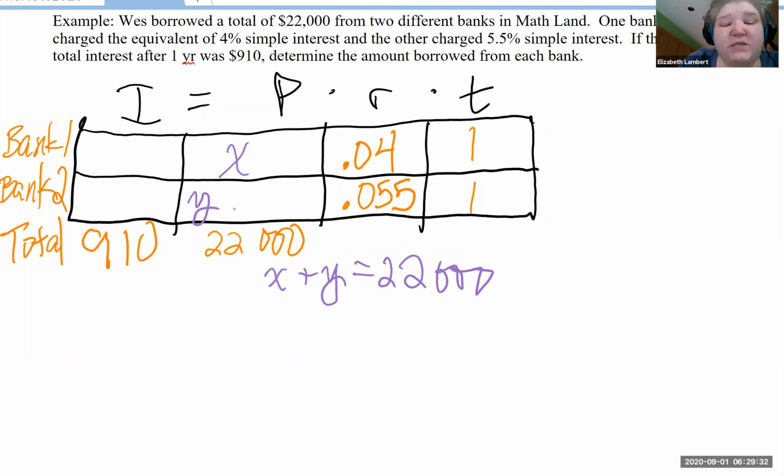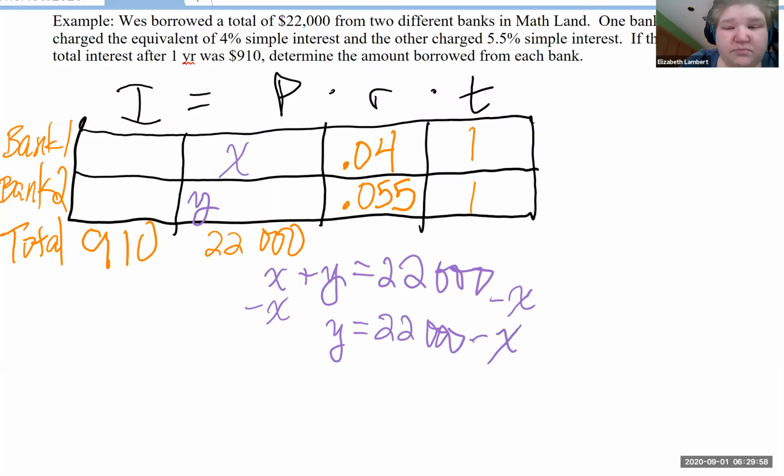So X plus this Y that we're not supposed to use equals 22,000. Well, I want to know what Y equals. So I'm going to keep Y and move the X. So if I move the X over, now this Y I'm not supposed to use is the same as 22,000 minus X. So now I'm going to take that and just shove it in there in place of the Y. And in fact, I'm going to do it quite literally.